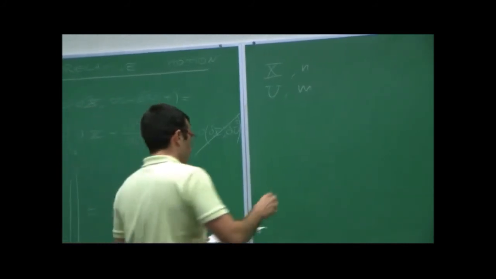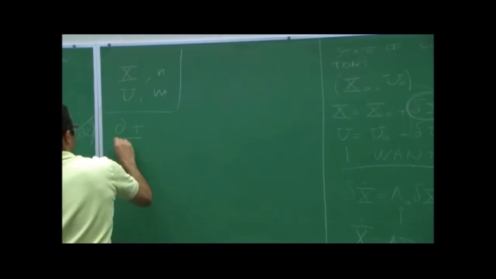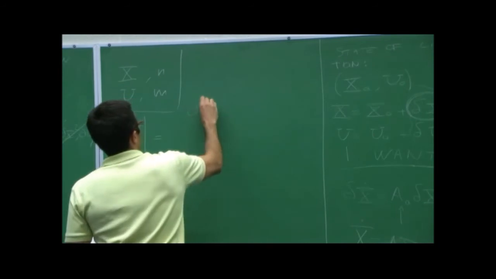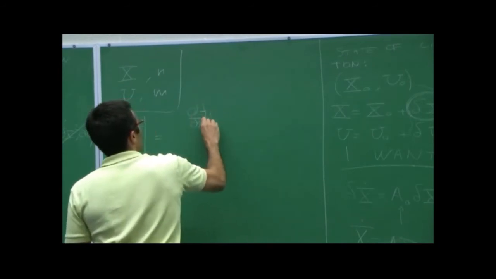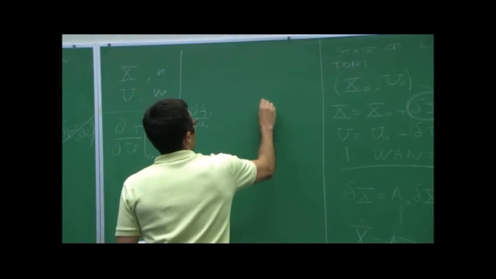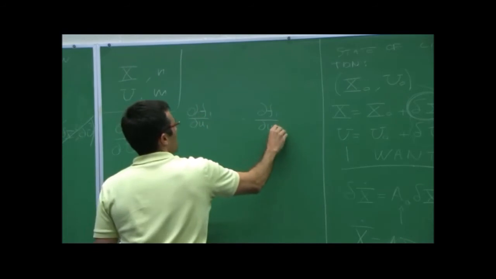So that's A0. Likewise, your df, du, computed at 0, will look like this. You have df1 with respect to u1, the first component of the u vector, all the way to df1 with respect to um. I said that I have m of them.